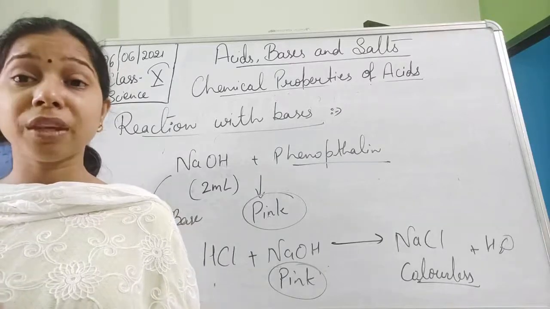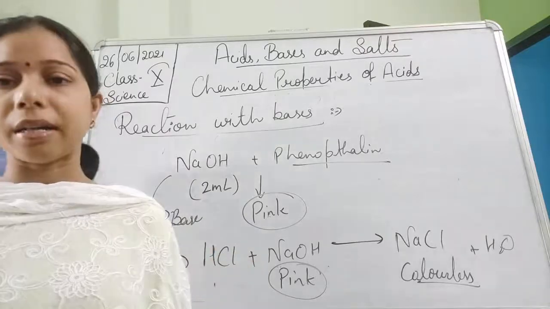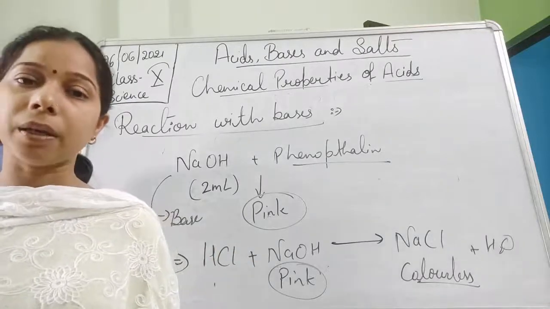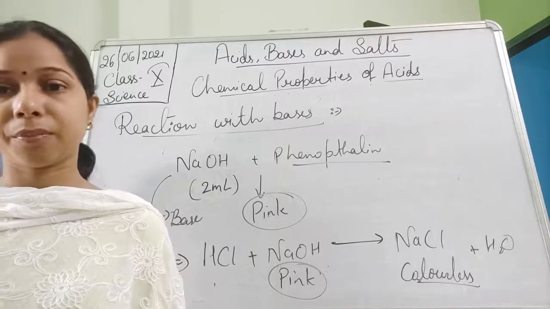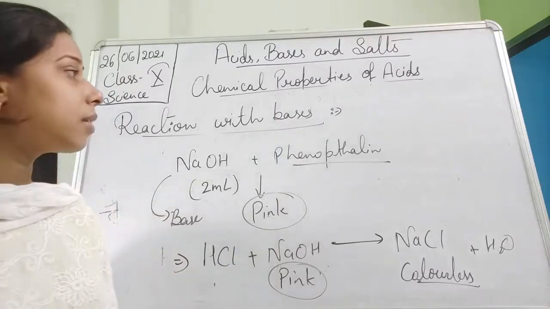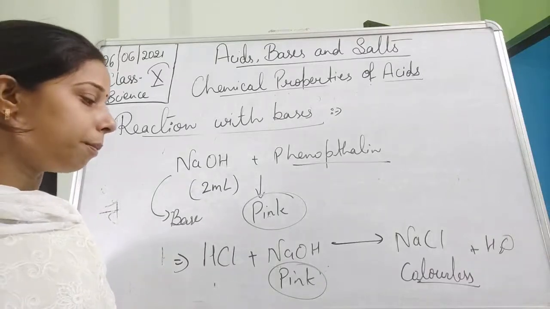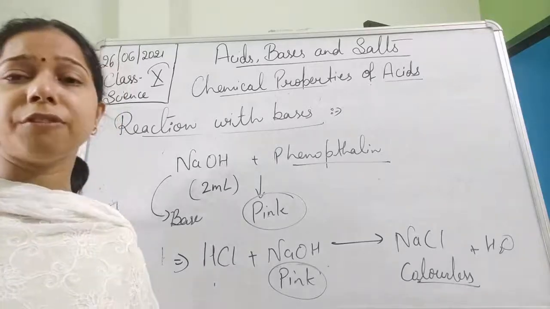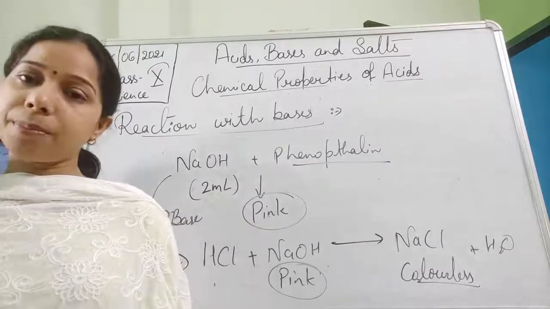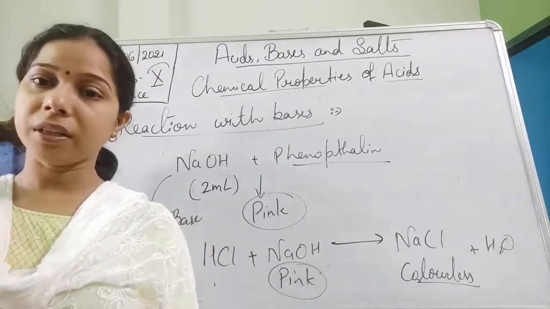So this is how we use the indicator, and this is how we perform the experiment to understand what happens when acid reacts with a base. This is another reaction, reaction with the base. Instead of sodium hydroxide, students, if you take any of the bases, you will find the formation of a salt and water.